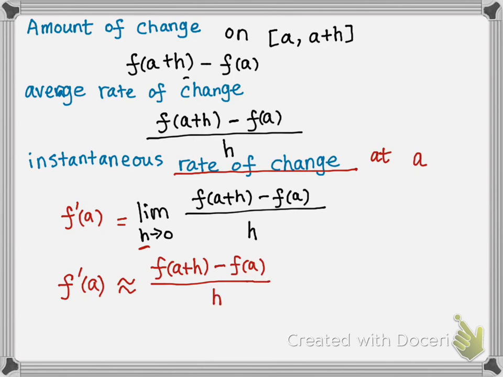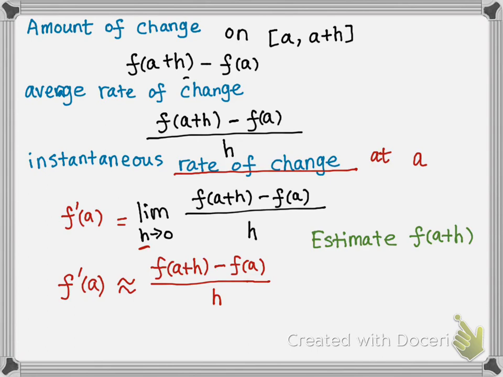Now what does this tell us? This tells us that we can estimate the quantity f of a plus h if we already know the rate of change at a.